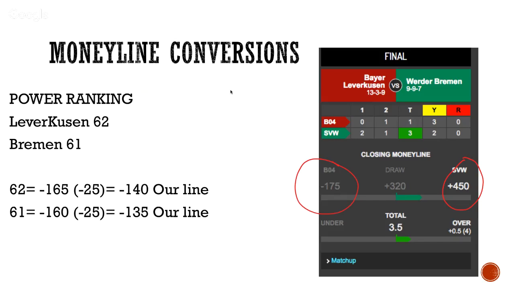Well, we're looking at a team as a 61, which means their line should be minus 135, but we're getting them at plus 450. And obviously this was a play, and we actually won the game there. So that's how you use our odds, our lines, and compare those against the odds maker.